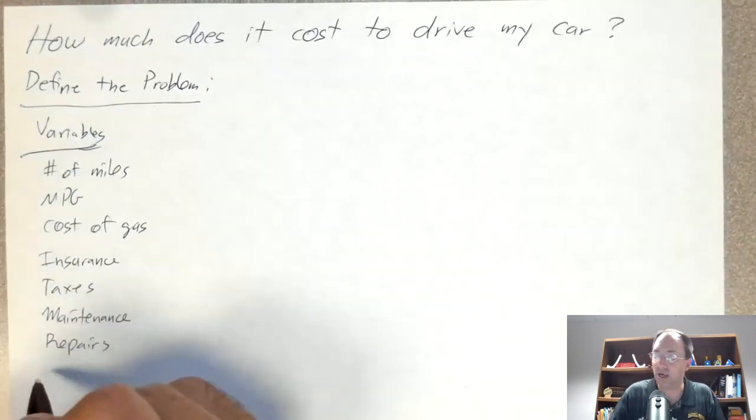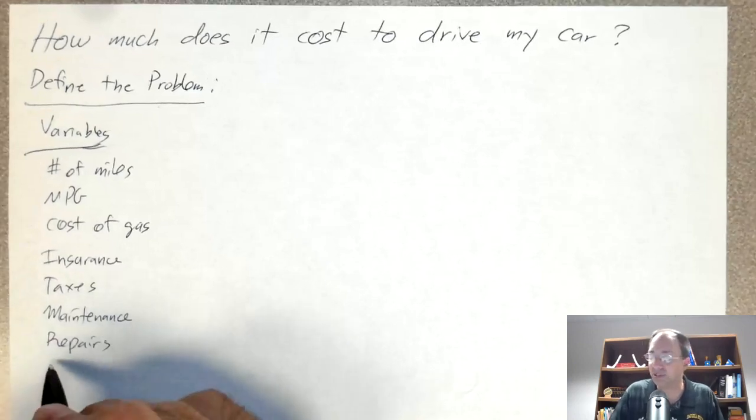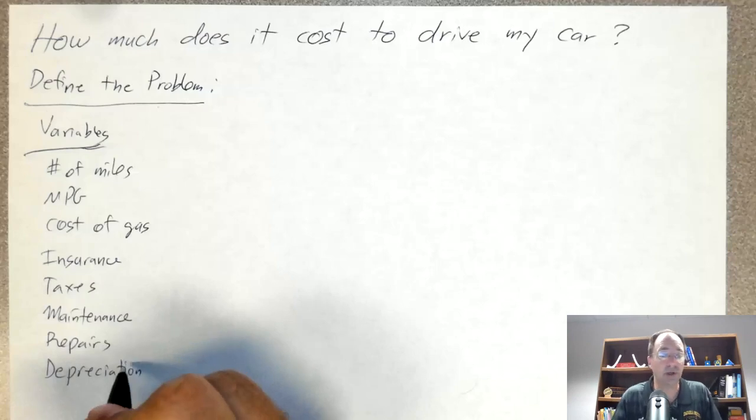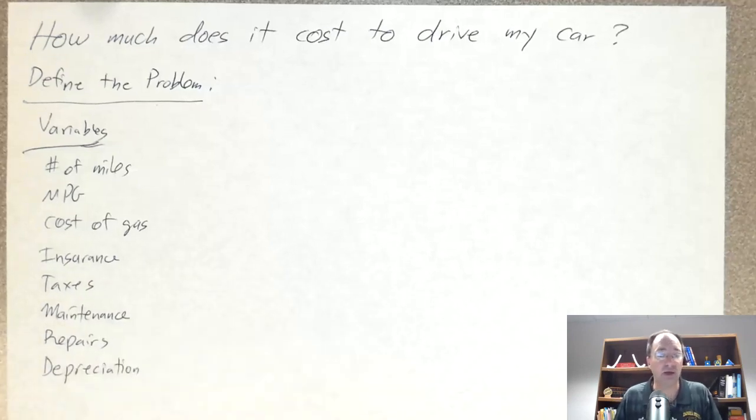And there's also maybe not so obvious, but just as important, depreciation. Certainly my car is going to depreciate over time, but the more miles I drive will also depreciate the value of the car. So if I want to trade it in down the road, the more I drive, it's going to get me less on a trade-in.